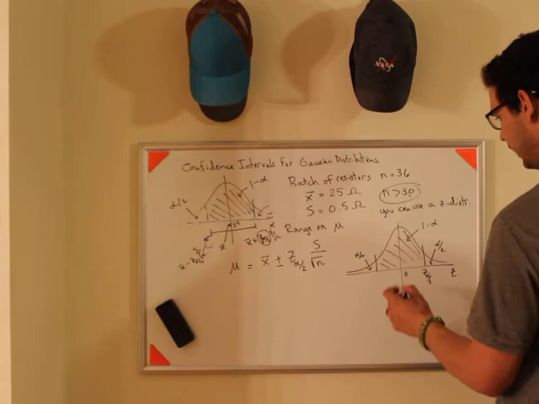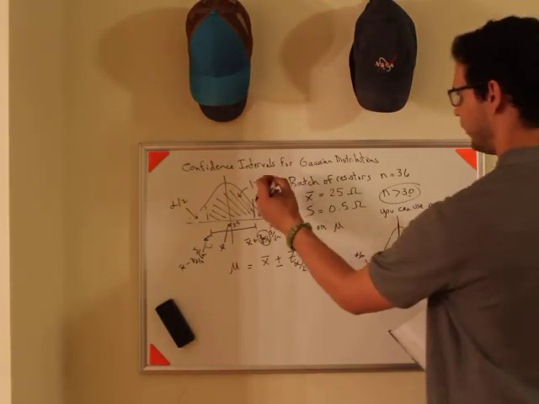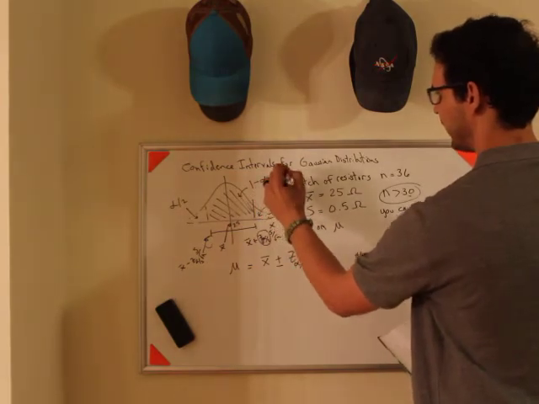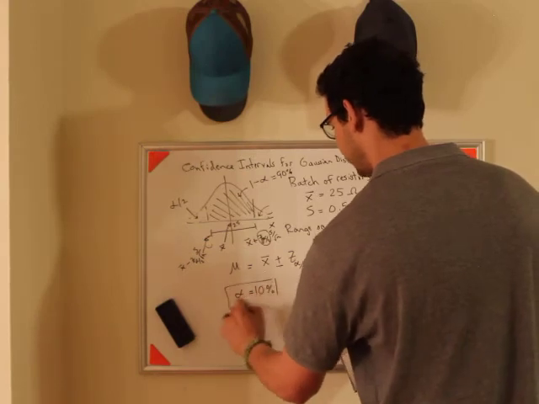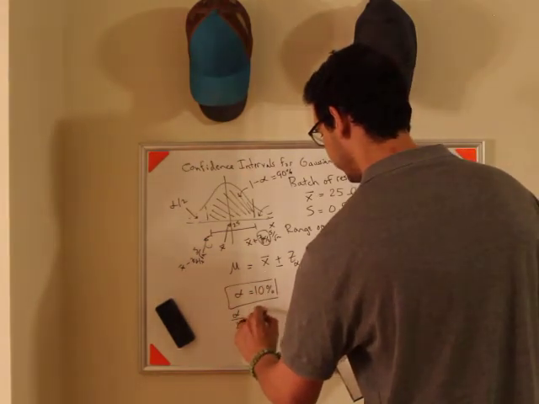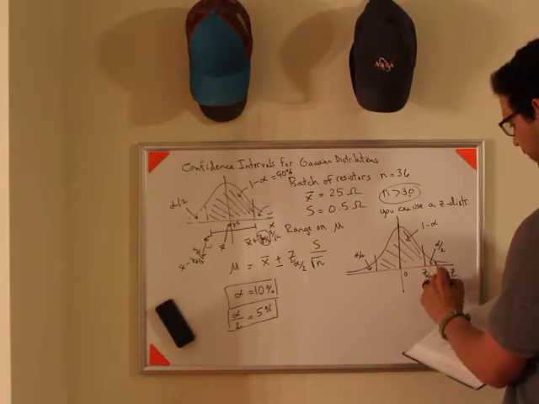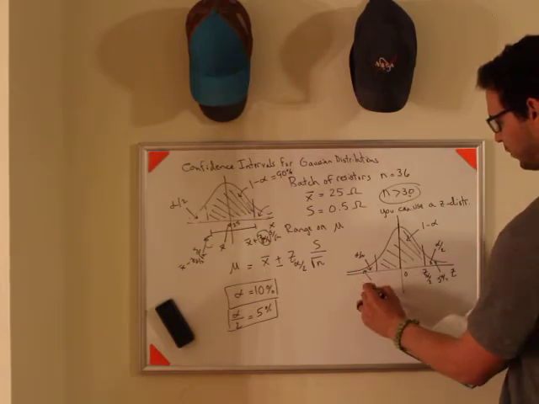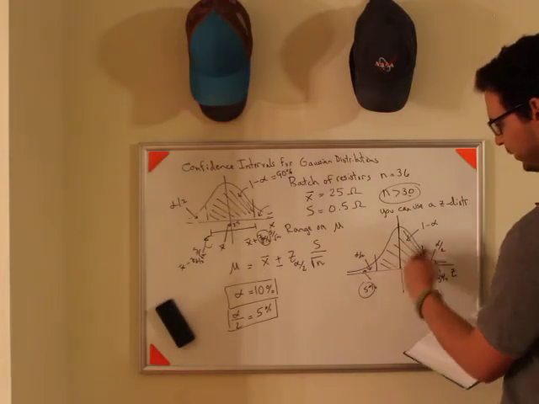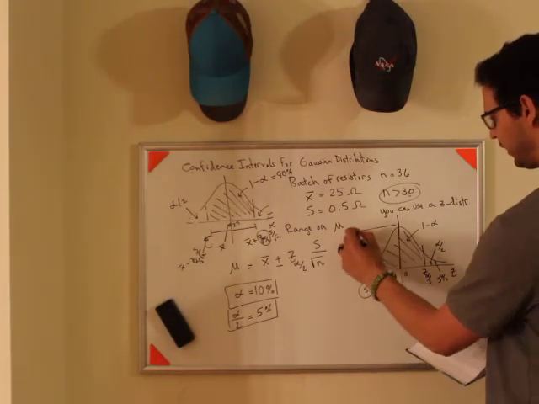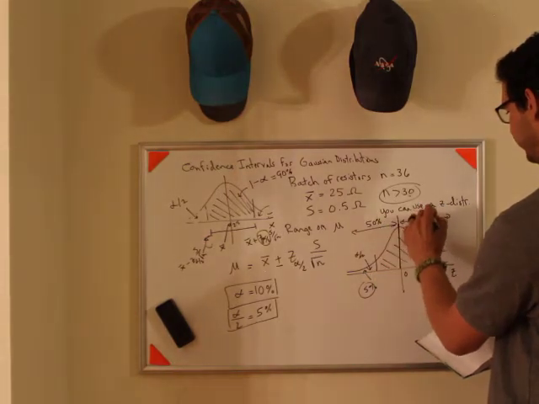Now what this means is that 1 minus alpha is 90%, because I want my 90% confidence. That means that alpha is 10%, and alpha over 2 is 5%. So I need this percentage to be 5%, and this percentage to be 5%. If this area in here is 90% and symmetric on both sides, then this whole area here is 50%, and this whole area here is also 50%.